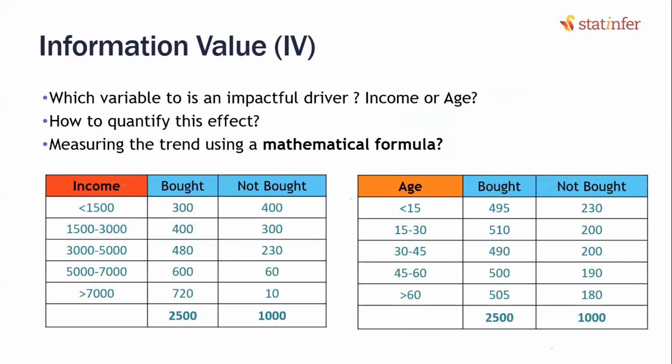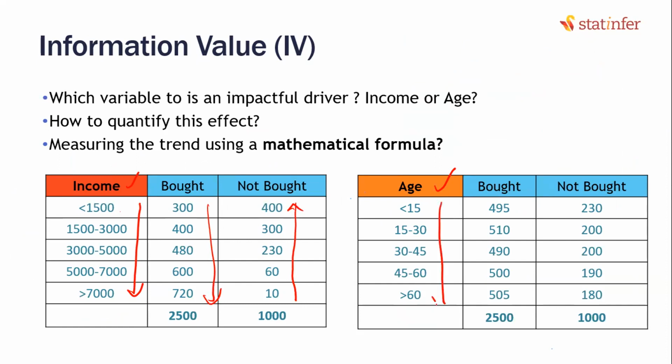If we have two variables, income and age, if you see income, as income is increasing, the number of people who bought and the number of people who did not buy, there is a clear trend: people who are buying are increasing with income, people who are not buying are decreasing with income.